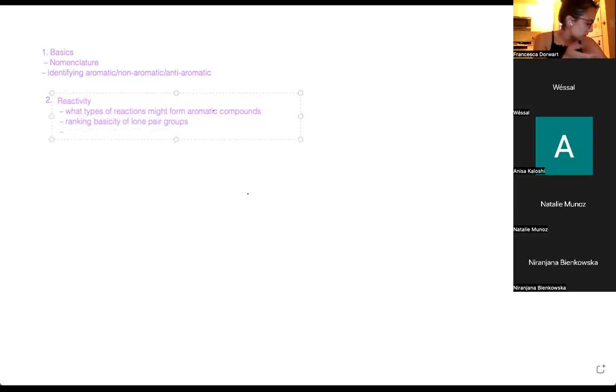What else do we have? Let's see, analyzing stability of intermediates for EAS or NAS reactions. And I think those are the things that come out now.